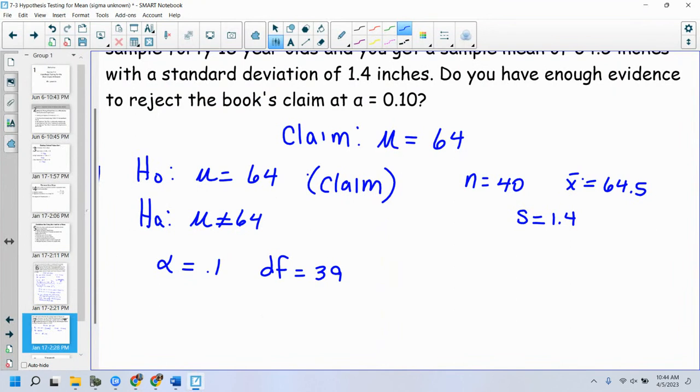So our rejection region is going to be, it could either be smaller than negative 1.685 or greater than positive 1.685, right? So we can say if z, nope, not z, t, if t turns out to be less than negative 1.685 or t is greater than 1.685.